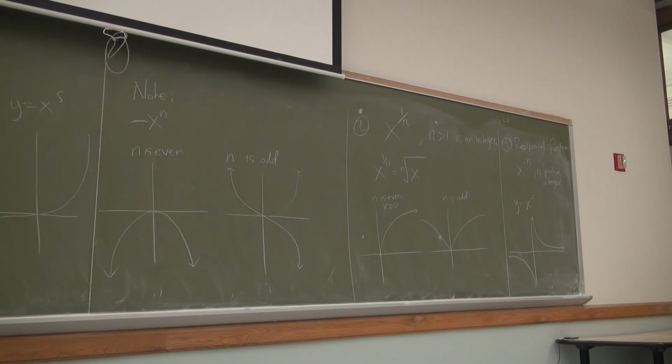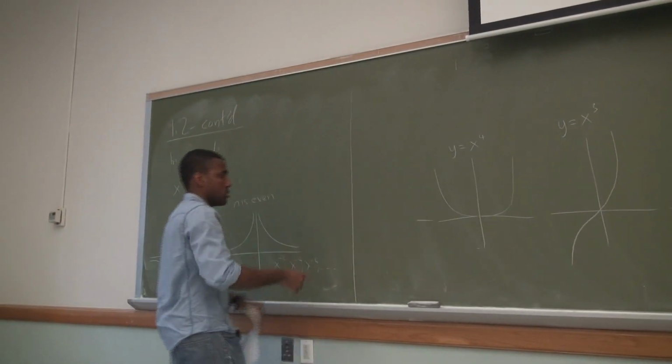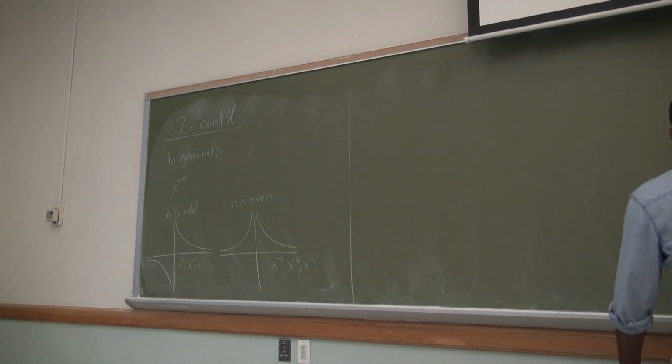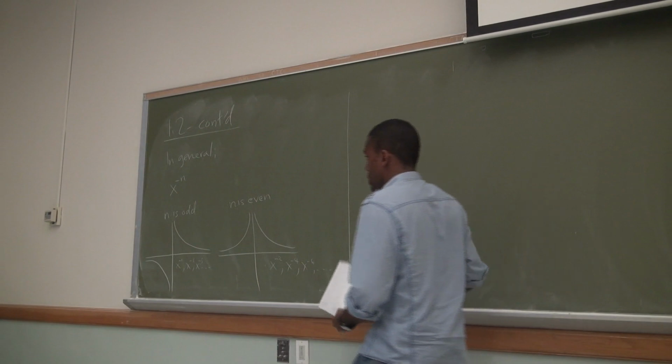And so these guys are like x to the minus 1, x to the minus 3, x to the minus 5, etc. These guys are x to the minus 2, x to the minus 4, x to the minus 6, etc. And notice that x equals 0 is never in the domain.